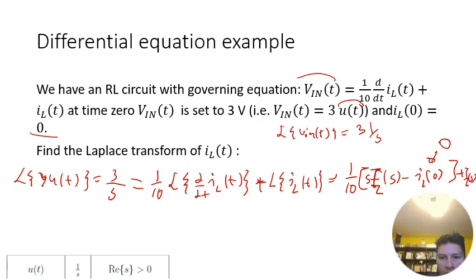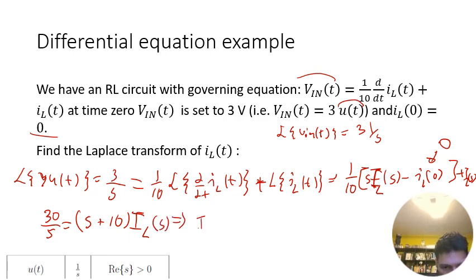And so we multiply both sides by 10, so we have 30 over s equals s plus 10 times I_L of s, and that's going to give us that I_L of s equals 30 over s(s plus 10).